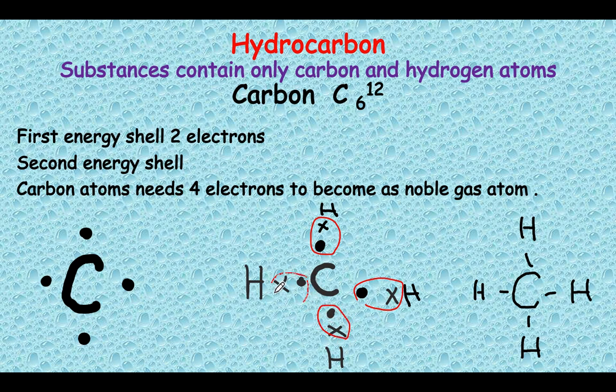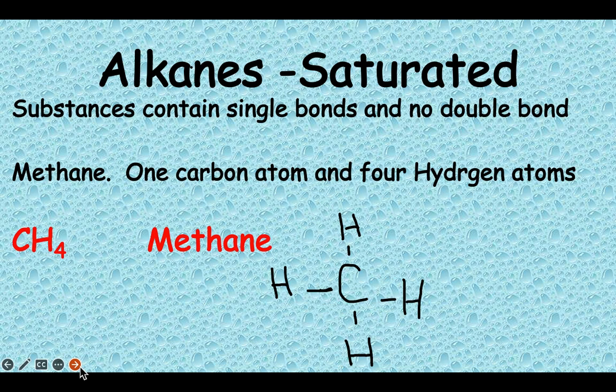So this molecule is called methane, where the carbon is surrounded by how many bonds? 1, 2, 3, 4. This way of showing the bonds we call the structural formula, and we call this molecule methane. So methane is the first member in a homologous series called alkanes.